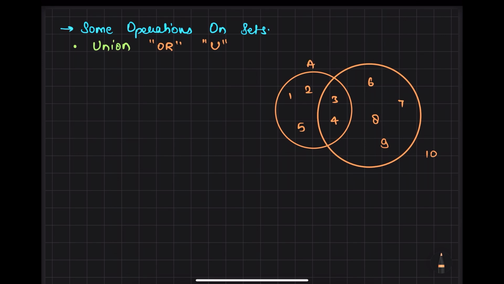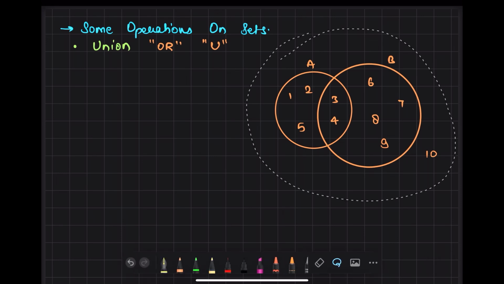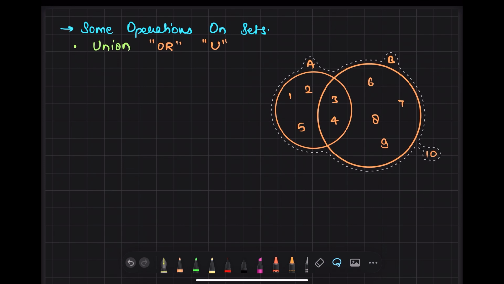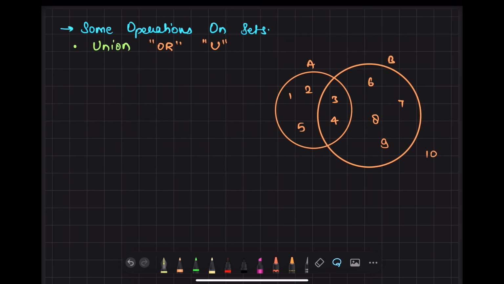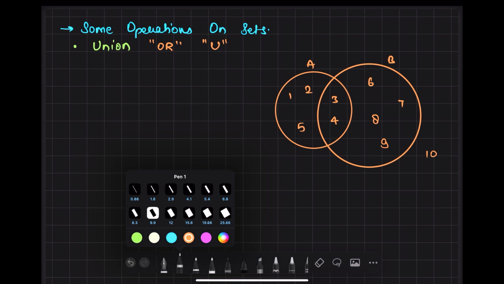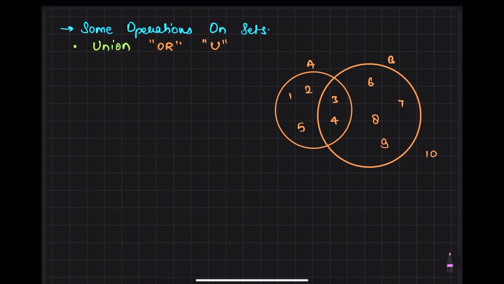This is set A, this is set B. Set A contains 1, 2, 3, 4, 5, and B contains 3, 4, 6, 7, 8, 9, and outside both of them there exists 10. So we are interested in finding A union B. Okay, so what does this mean?